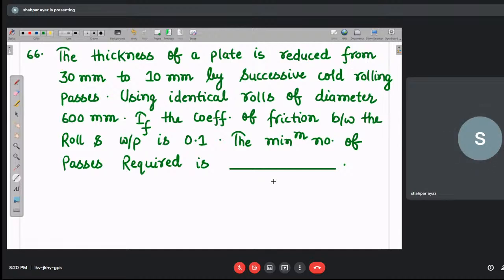Anyone tell me the right answer, please? Minimum number of passes.